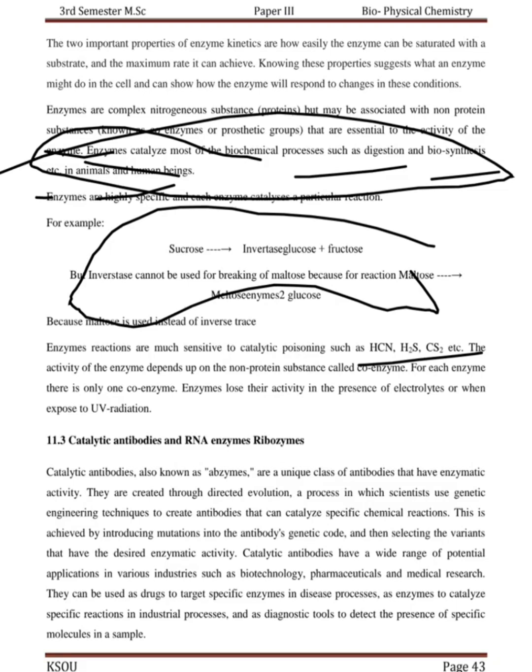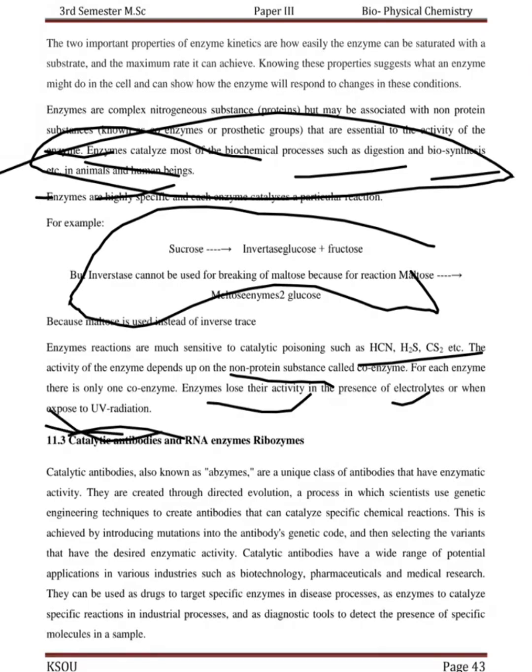And the activity of this enzyme depends upon non-protein substances, also with respect to coenzymes, nucleic acids, DNA and RNA strands. So for each enzyme, there is only one coenzyme. Enzymes lose their activity in the presence of electrolytes or when exposed to UV radiation.